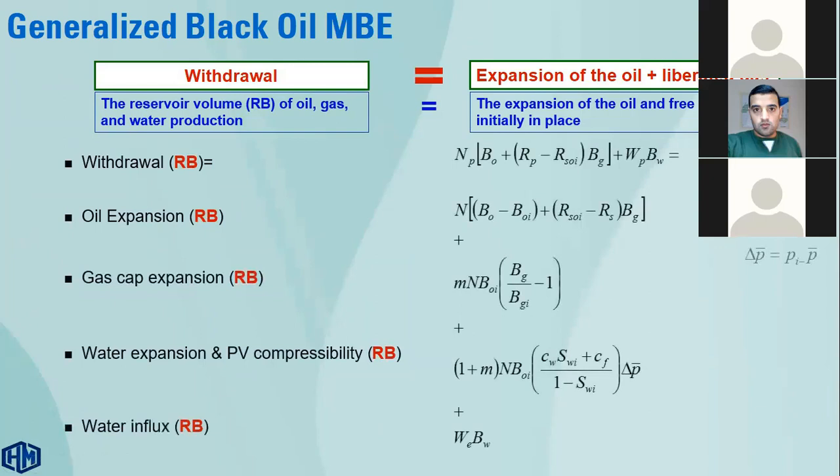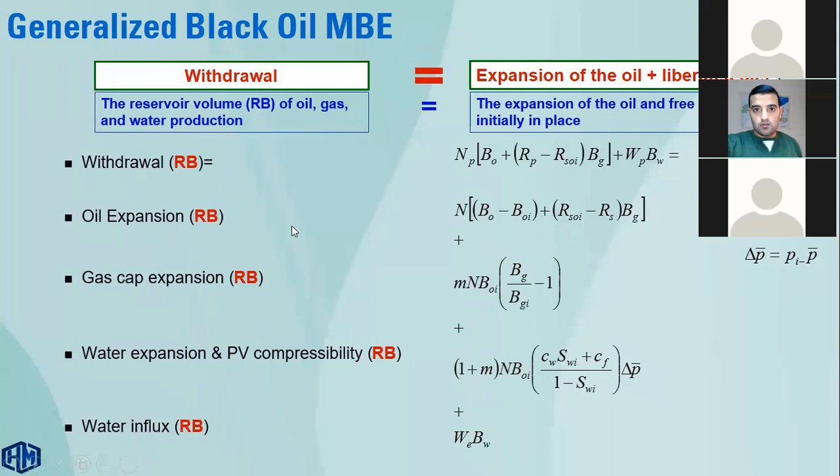Simply, the general material balance equation states that the withdrawal or production equals the expansion of oil and solution liberated gas. In other words, the reservoir volume of oil, water, and gas production will equal the expansion of oil and free gas initially in place.